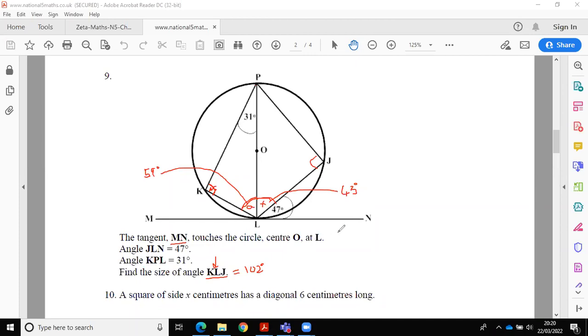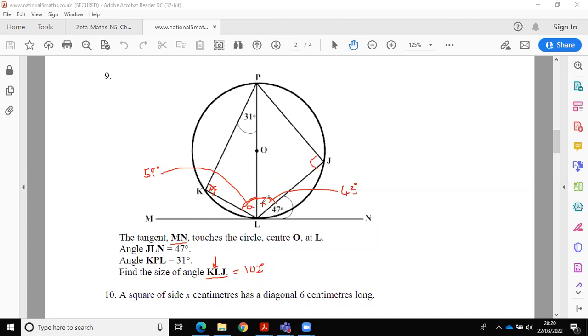Okay, so remember, if there's a diameter, so in this case P to L, and two lines come away from that and meet at the outside edge of the circle, that's going to create a right angle. So there's a right angle created at PJL, and there's a right angle created at PKL.